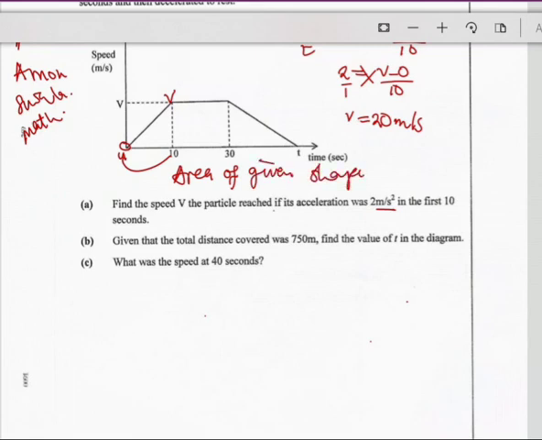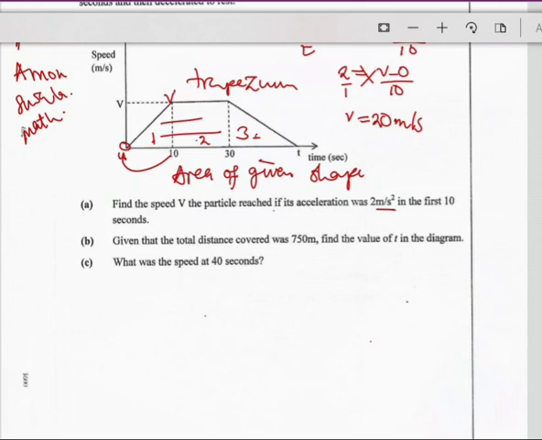When you look at this shape, this is a trapezium. Or you can have three shapes: a triangle, a square, and another triangle.